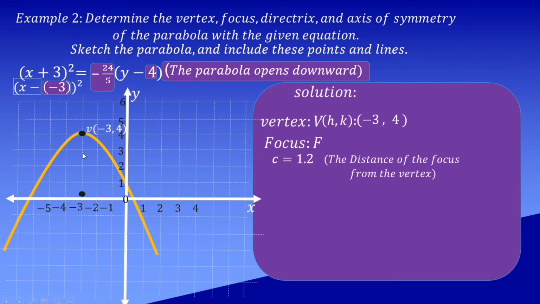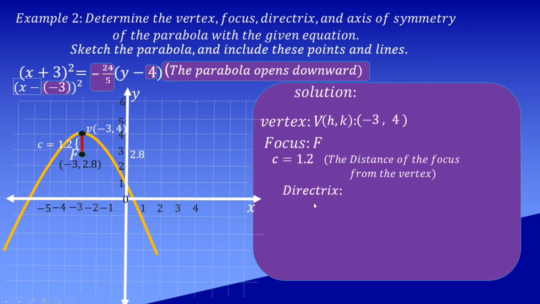So from the vertex, below this point is our F. Its measure is 1.2. We are going to find the coordinates, so we align this point with the x and y axes. Here the y is 2.8 and our x is negative 3. So the coordinates are (-3, 2.8).